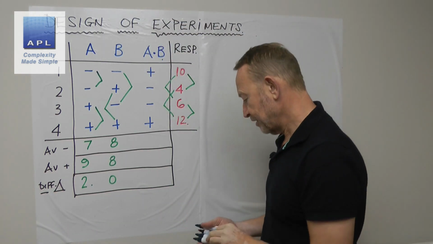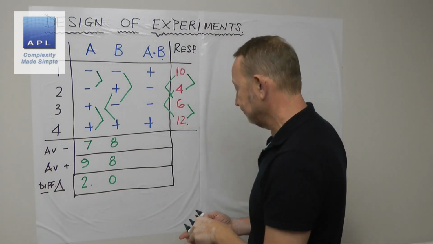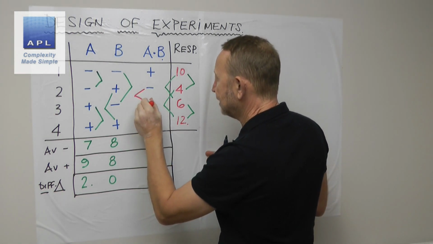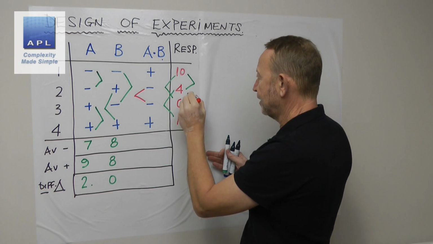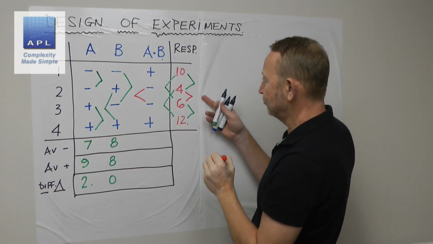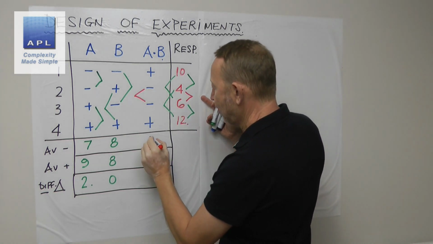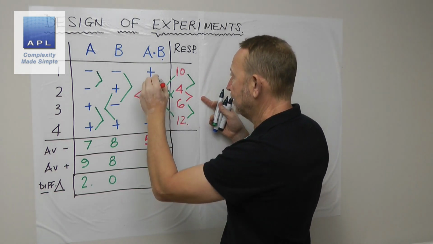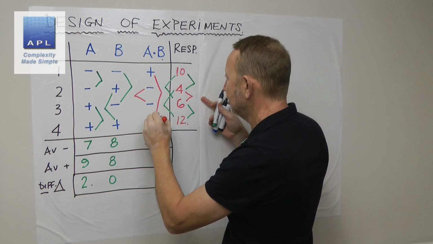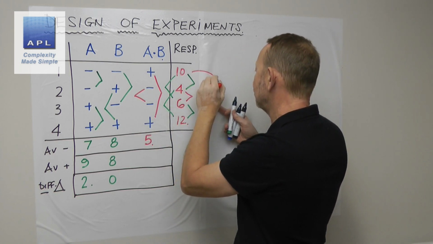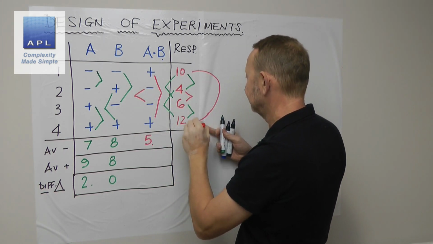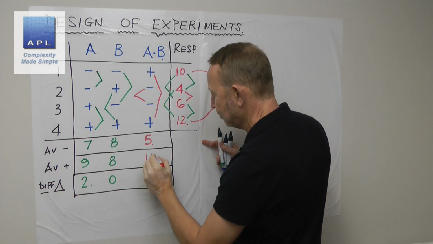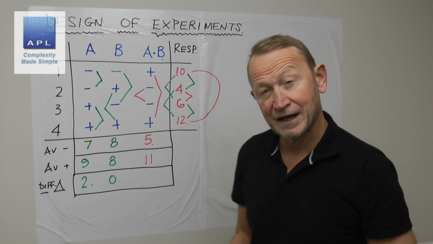Then we come to the interaction. When the interaction is low, where was that? These middle two numbers, 10. 10 over 2 is 5. When the interaction was high, the two extreme results, these two, 22 over 2, is 11.